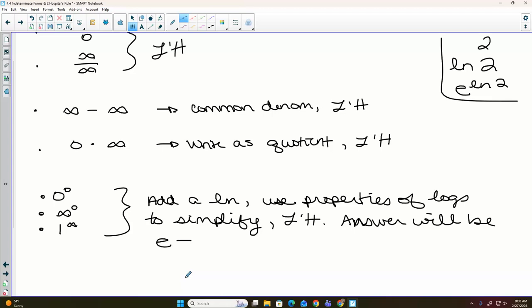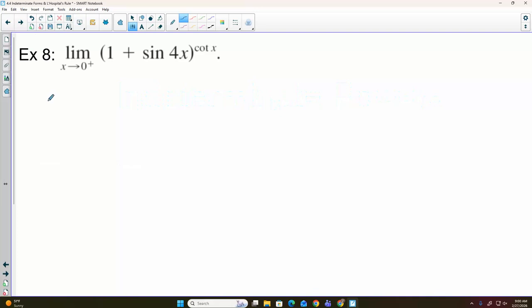All right. So we're going to practice some of these today. Let's look at this one. If I put in 0, sine of 0 is 0, so I have 1. Cotangent of 0 is undefined. There's an asymptote there, so it's like a 1 to the infinity power.